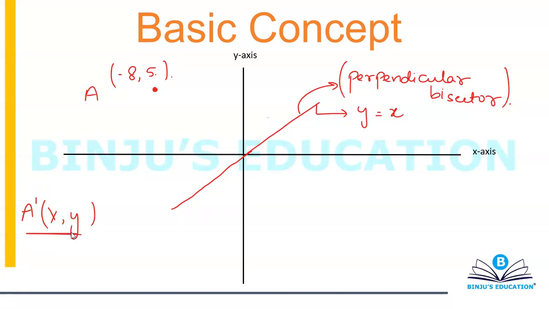Now there are two things: first is the slope concept, and second is the distance concept.